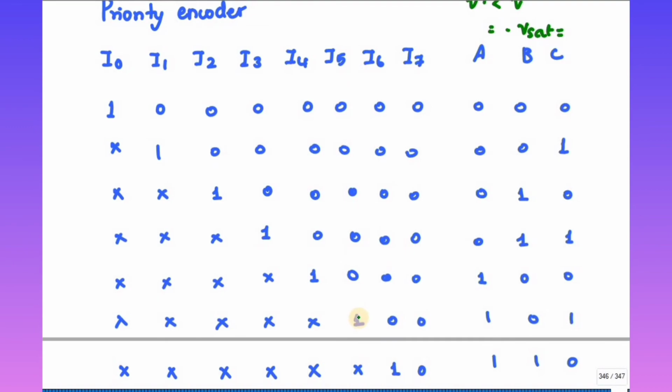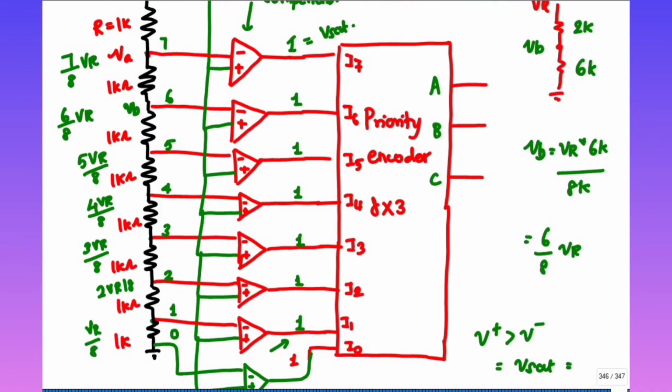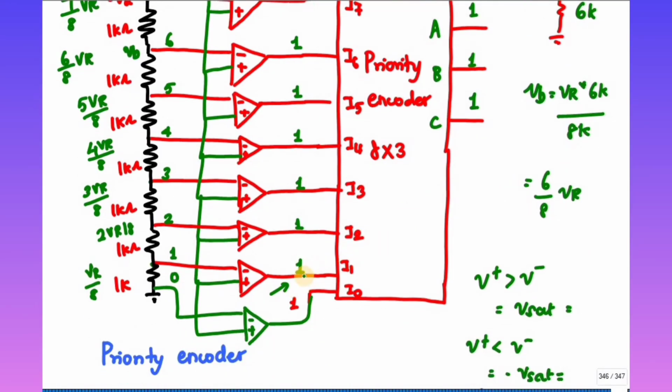Likewise, if I5 is 1, the priority is given only to I5, so you will get the output as 101. If I7 is 1, you will get the output as 111. You can see the highest priority is given to I7, so when I7 is 1, you will get the output as 111.